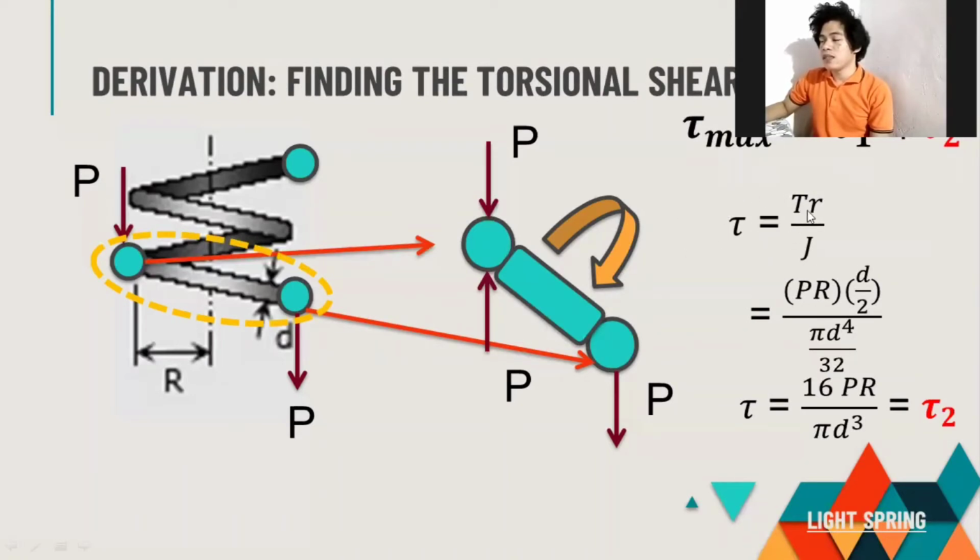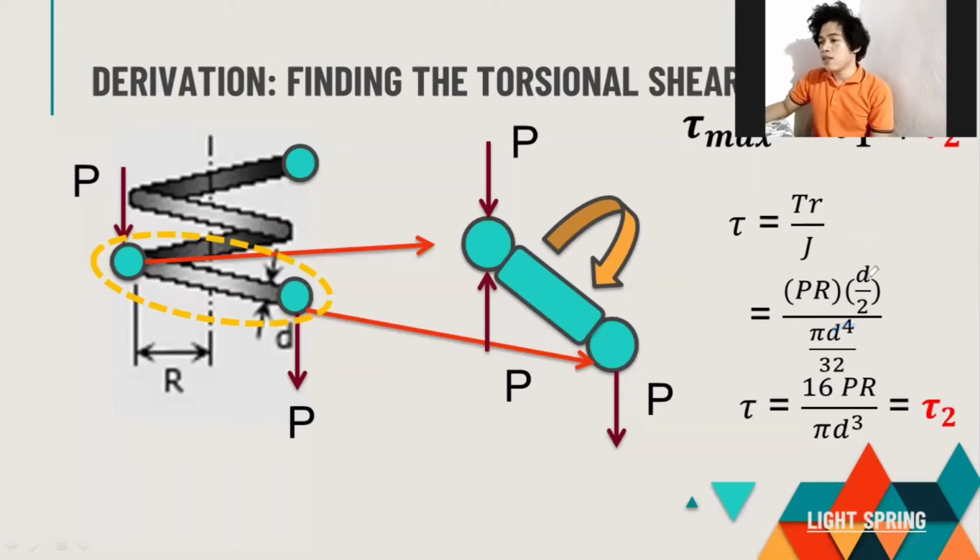So we have TR over J, and our torque, as we discussed earlier, equals PR, and our R in terms of diameter is D over 2, over our J, which we remember is pi D raised to 4 over 32. So, class, let's simplify. These will cancel, so it becomes 3.